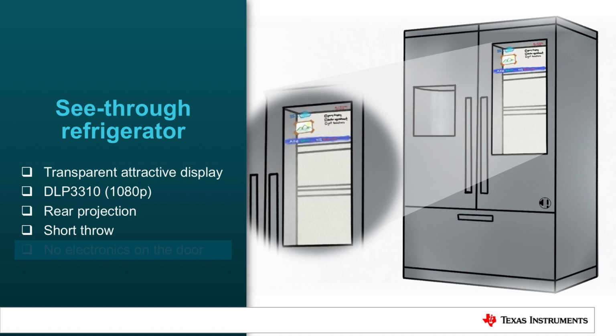Very likely the manufacturer will end up implementing a 1080p resolution for this class of product, and the part number is DLP3310. One of the key benefits here is that there are going to be no electronics on the door, and so the display can be used on demand, and when someone tries to open the door, then the display goes away entirely.